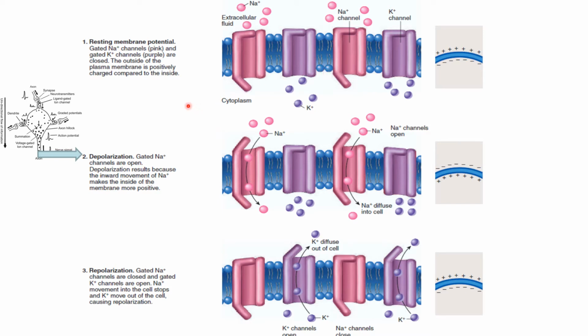When there is a triggering event in the dendrites, we cannot see dendrites here. For example, if this neuron is for chemical stimuli, a chemical will come and bind with the sodium chemically gated channel on the dendrites. These sodium channels will open, and sodium will come into the dendrites and then into the cell body.